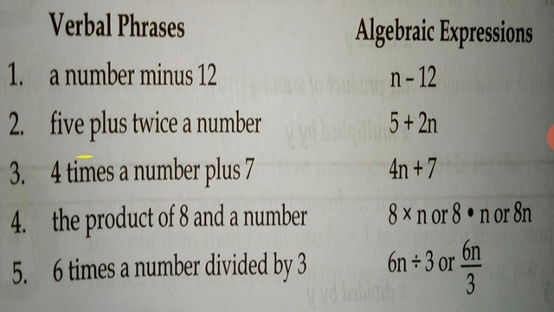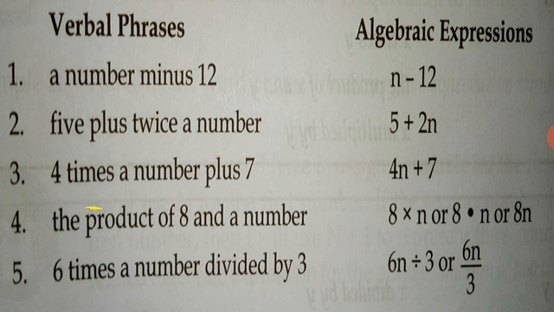Next, 5 plus twice a number. So 5, plus denotes addition. Twice a number means you will double the number. So 2n. Okay. 5 plus 2n. A number, we can write it as a variable n.